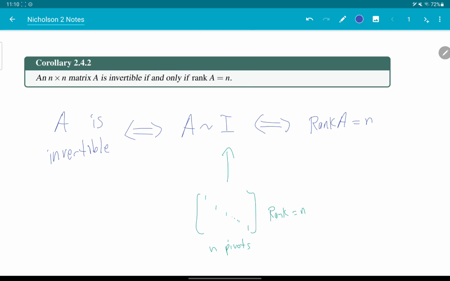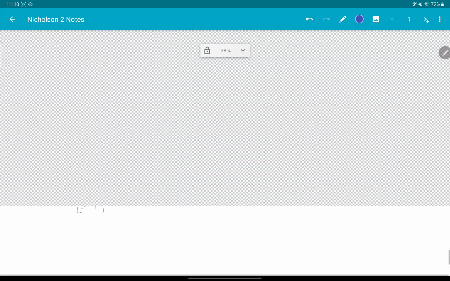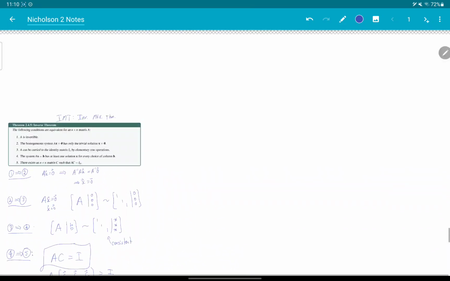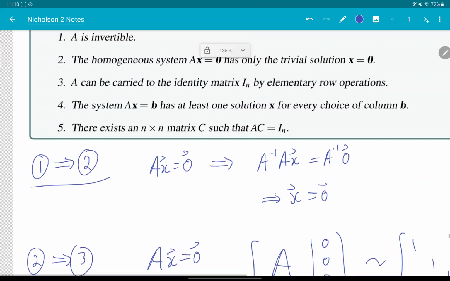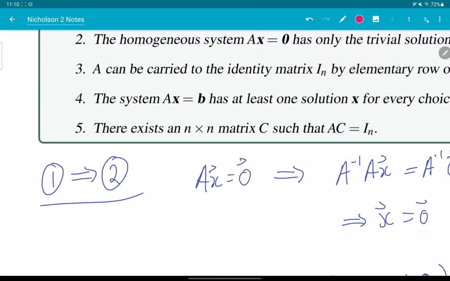In fact, if you were so inclined, you could take this statement here and add it to your invertible matrix theorem. If you feel like doing that, you can throw it down right here. You could have part 6, rank of A is equal to n.